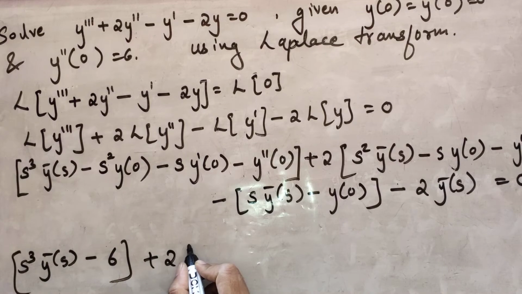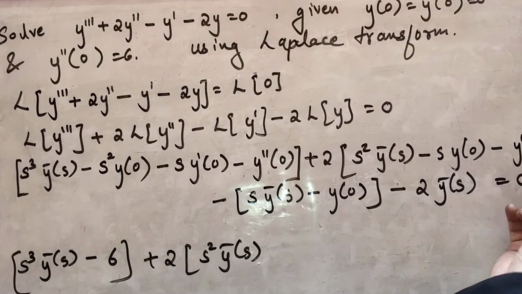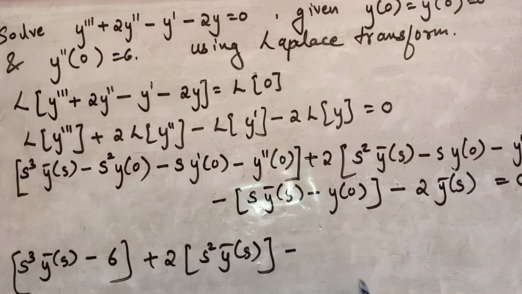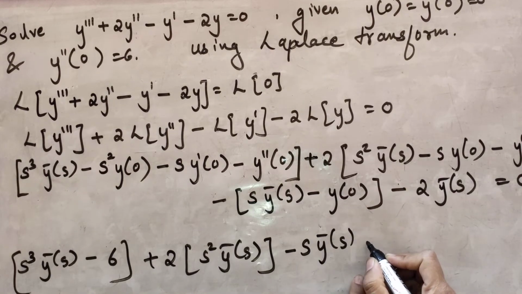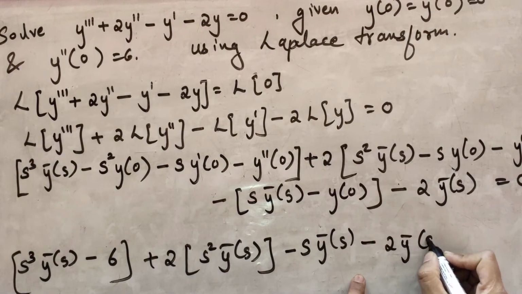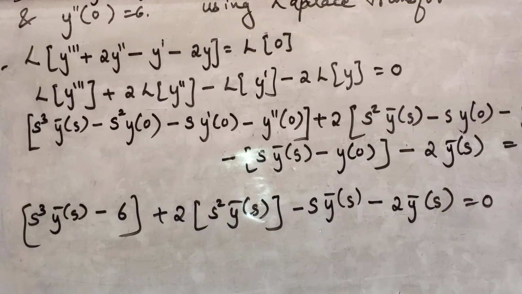Plus 2 times s square y bar of s. Now this is 0, because the given thing is like that. Minus, similarly this is again 0, s into y bar of s, minus 2 times y bar of s is equal to 0. Like this it will be. Done?